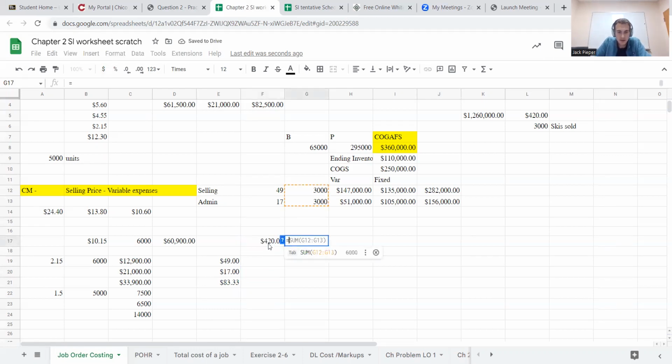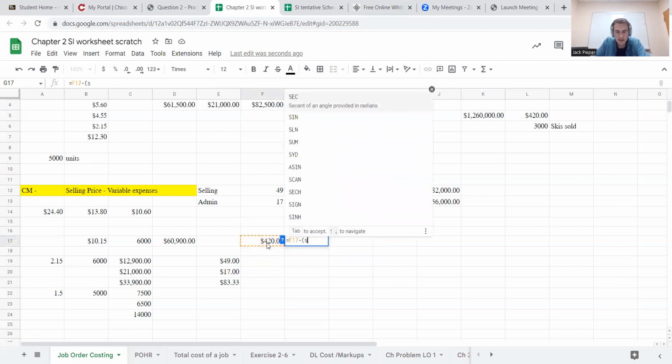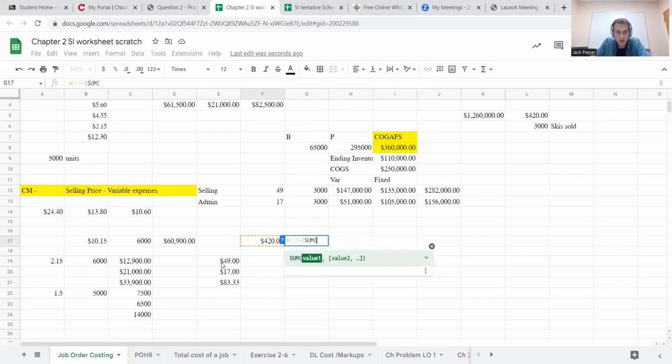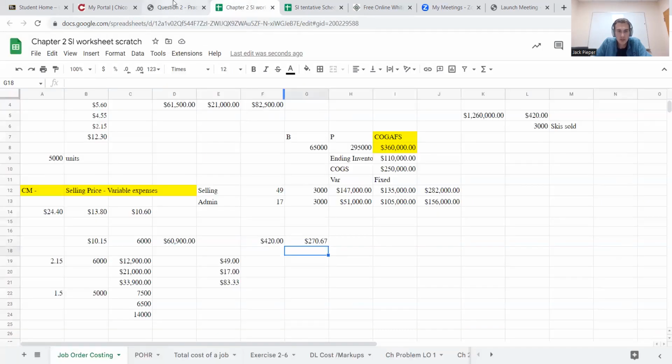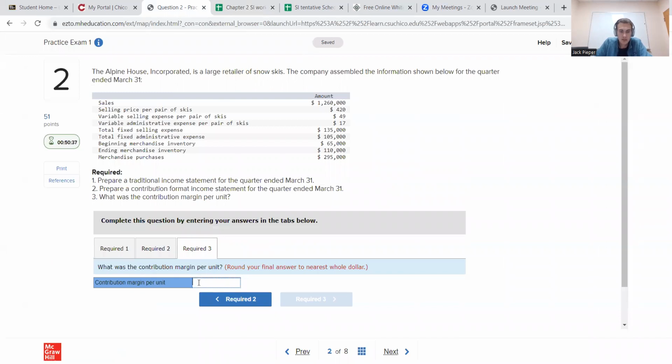So we'll do equals 420 minus parentheses sum 1, 2, 3. Boom. It's $270.67. This one's rounded, but $271. Cool.